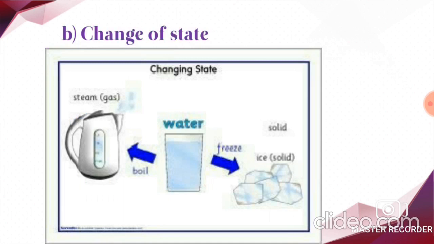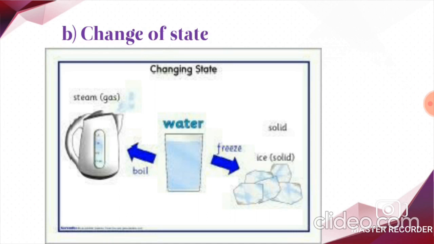And the next type of physical change is change of state. Yes, addition or removal of heat to or from a body brings about a change in its state. For example, put a glass of water in the freezer compartment of a refrigerator. You know that water is in the liquid state, right? But in the refrigerator, water freezes to form ice. As we know, ice is the solid form of water. Similarly, when water is heated, it starts boiling and gets converted into steam.